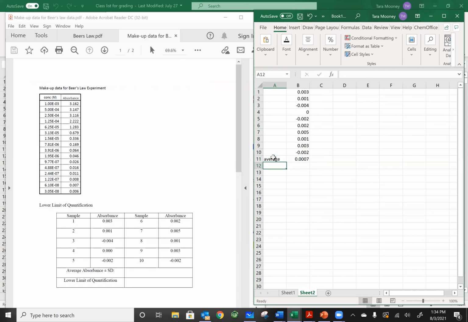And then now we need our standard deviation. So for standard deviation, let's start typing that in. It gives us a lot of different types of standard deviations. STDEV.P is the standard deviation of a population. So if you're doing population biology, that's what you would use.